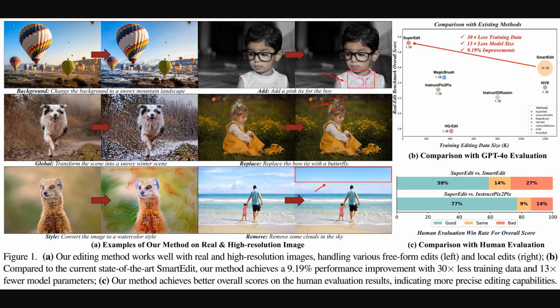This shows SuperEdit getting a higher overall score on the real edit benchmark, while using much less training data and a significantly smaller model. It has about 1.1 billion parameters, which are the internal adjustable settings an AI learns, versus over 14 billion for a competitor. Finally, Panel C shows human evaluators also preferred SuperEdit's results, reinforcing its effectiveness.